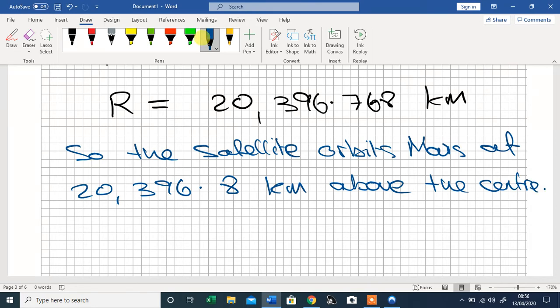Okay, and that's the center of the planet Mars.